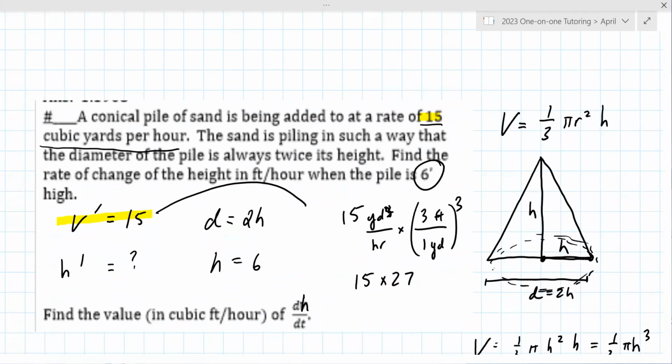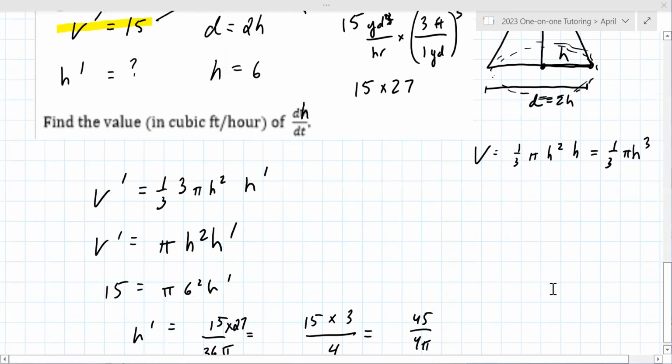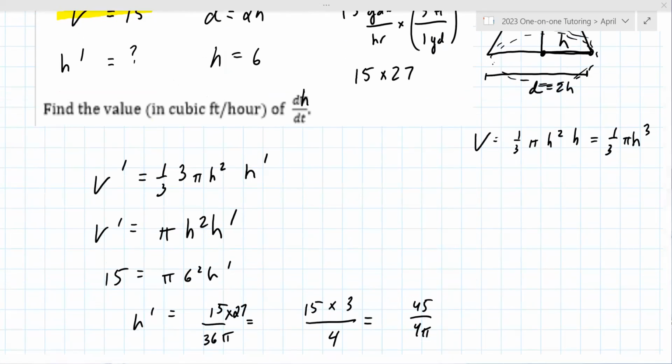I don't know what that unit is. 6 tick means it's like 3.58 feet. That is feet. Diameter is always twice the height. Oh, wait. No, yeah, that's an option choice. 45 over 4 pi. No, wait, that doesn't make sense.